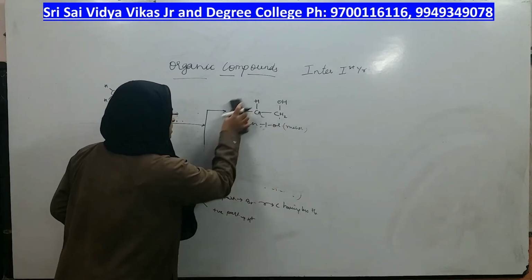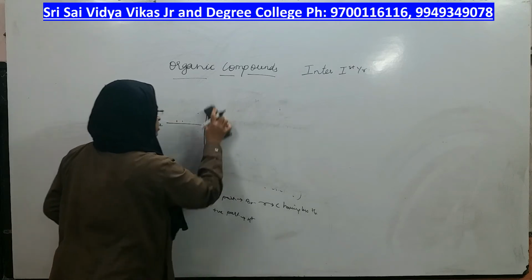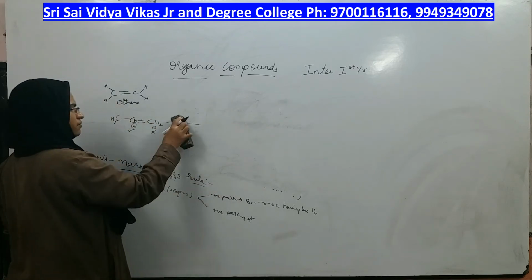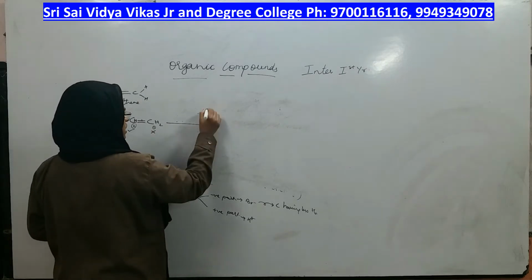So now what will we see? We will see anti-Markovnikov's rule. What does anti-Markovnikov's rule have to say?